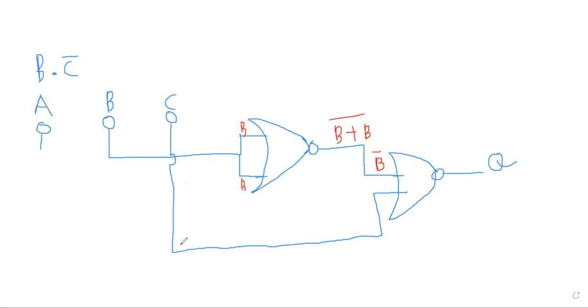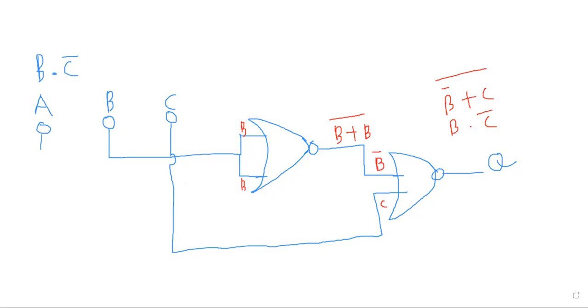And here C is coming down, so B bar plus C, whole thing bar. When you apply the respective laws, you will be getting B dot C bar. So we have obtained the answer. This proves that the logic circuit which we drew is correct.